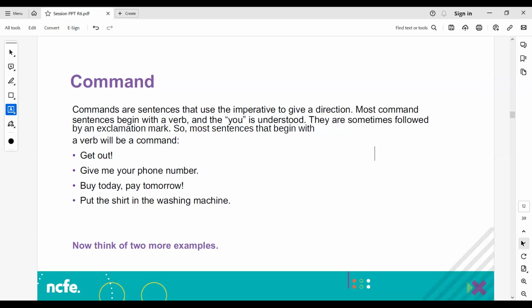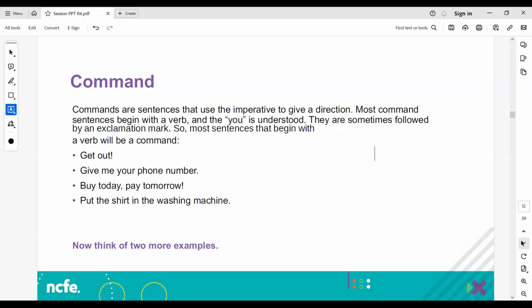Give me your phone number. Between new colleagues, new friends and so on, acquaintances, give me your phone number. That could be asked as a question: can I have your phone number? But here it's a command. It starts with the verb give.